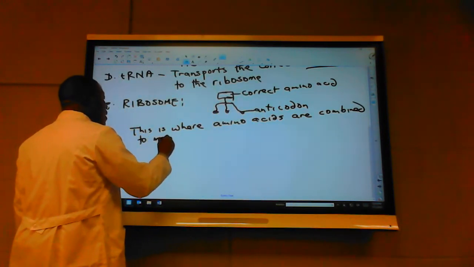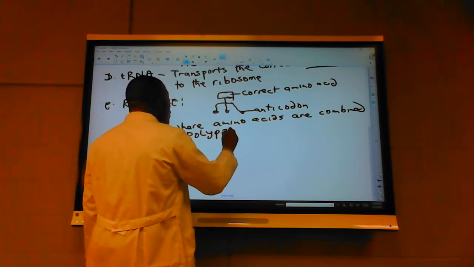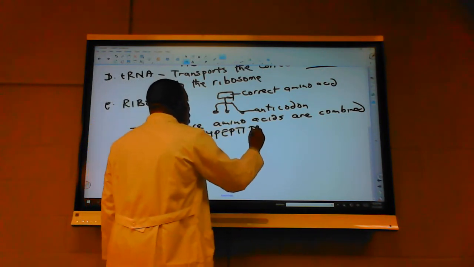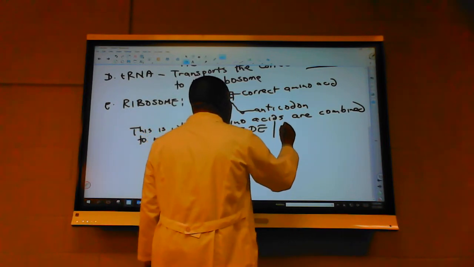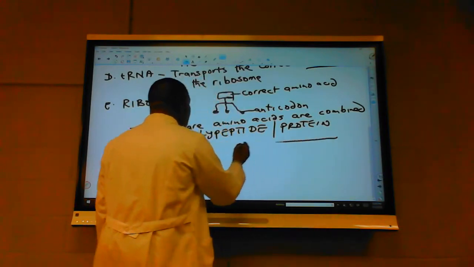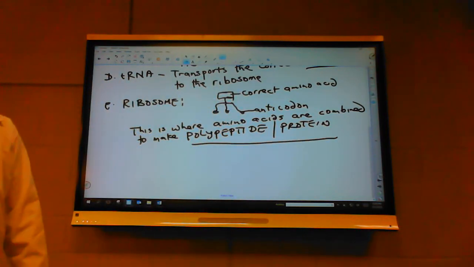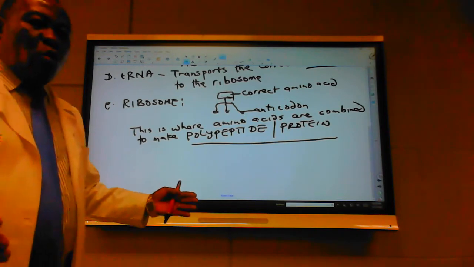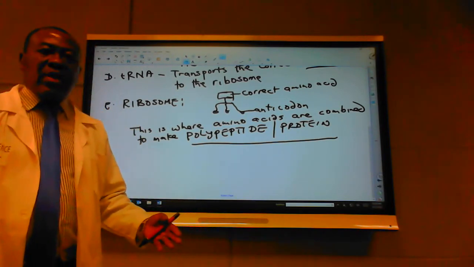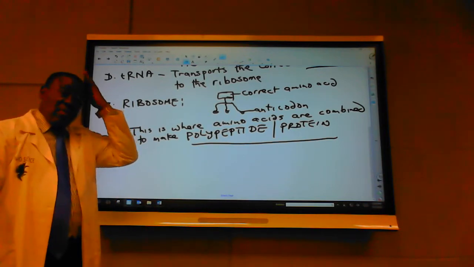To make what we call a polypeptide, or we can simply say protein. So polypeptide and protein, the same. Simple definitions. Not too many worded definitions that get you confused. Simple and to the fact. Okay? So ribosome makes protein.